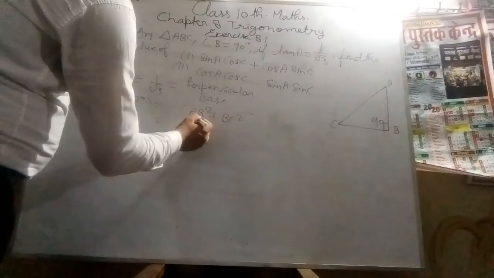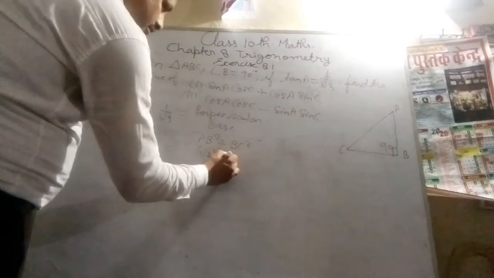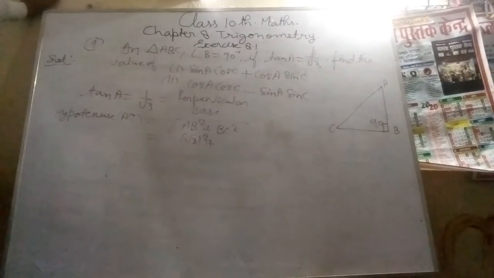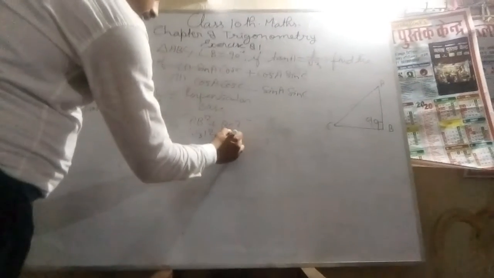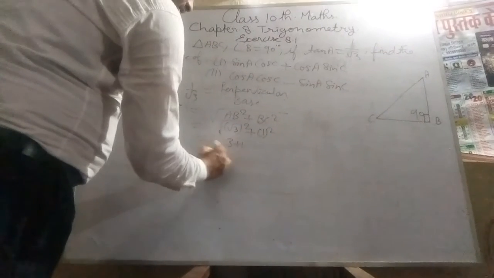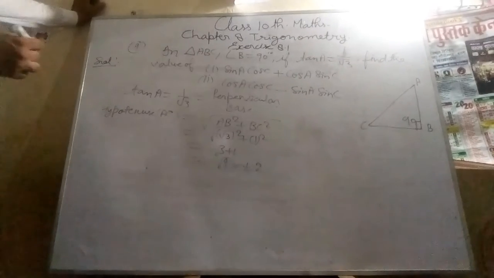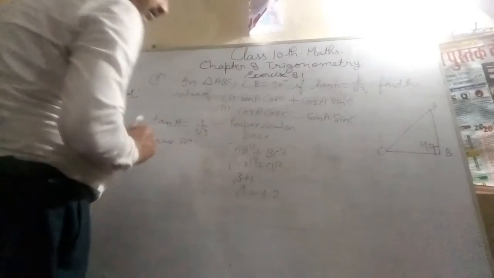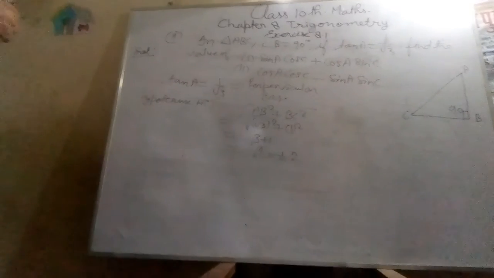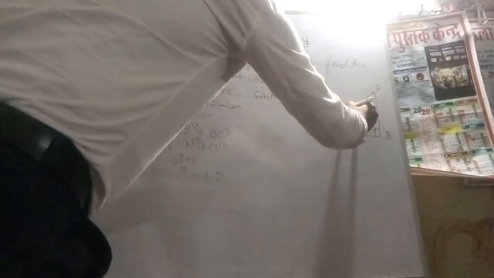AB value is under root 3 square plus BC is 1 square, and it become 3 plus 1 equal to under root 4 equal to plus minus 2. But take only positive value because length of any side of triangle cannot be negative. And hypotenuse is 2.